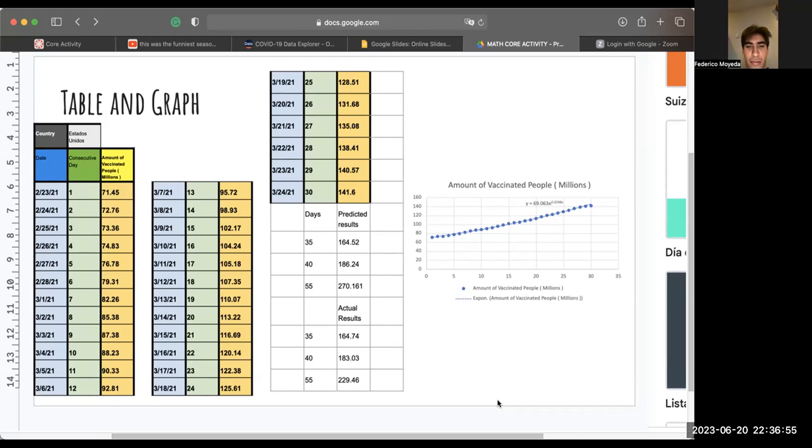The further you go to the right, you can see the amount depending on the days, because that's what we tried to base it on. Depending on the date, it depends how many people start getting vaccinated in the United States. Yes, that is what we were reaching for.